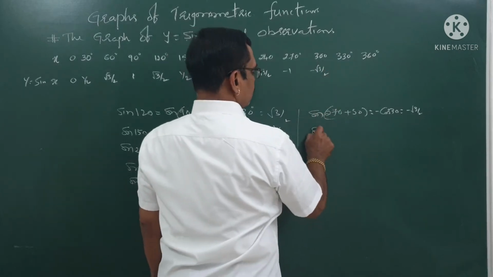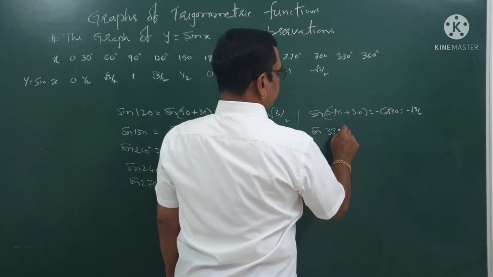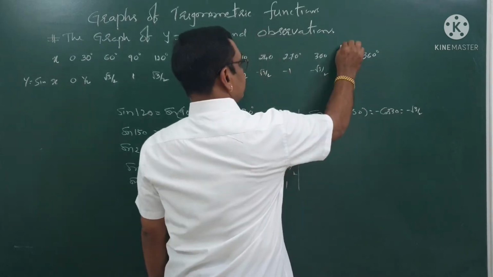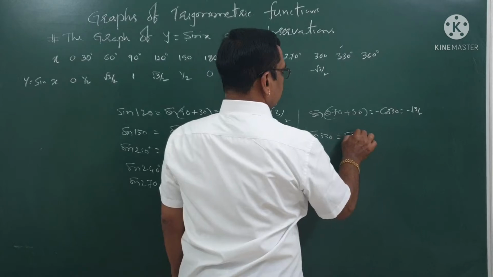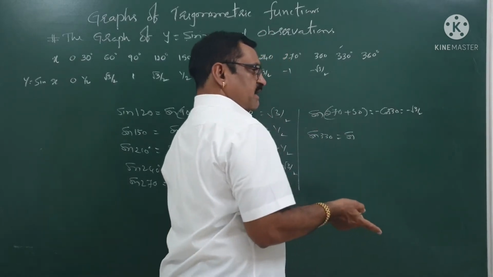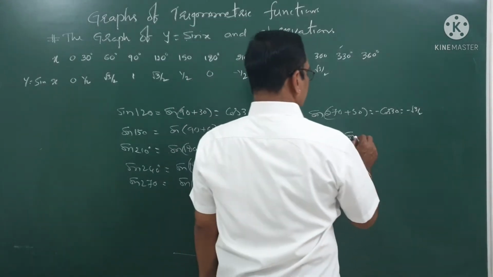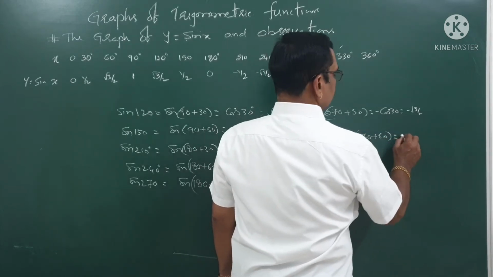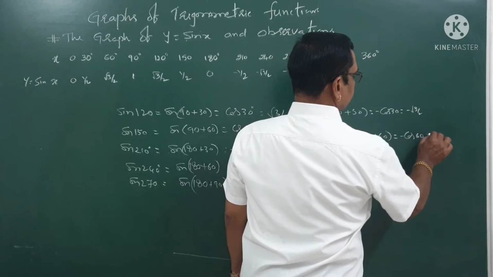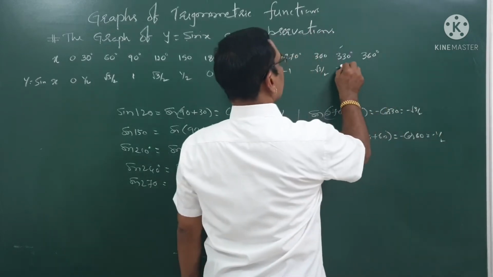And finally, I have one more. Sine 330 degrees. I can write sine 330 as sine of 270 plus 60, which is equal to minus cos 60, which is equal to minus half.